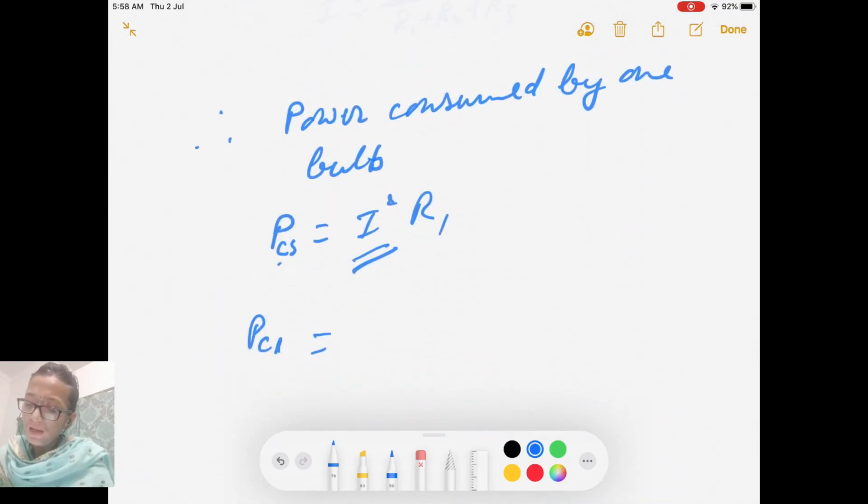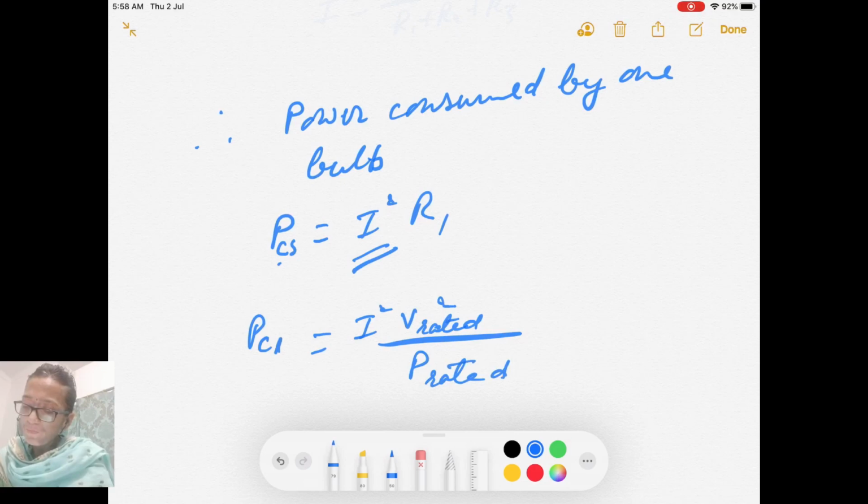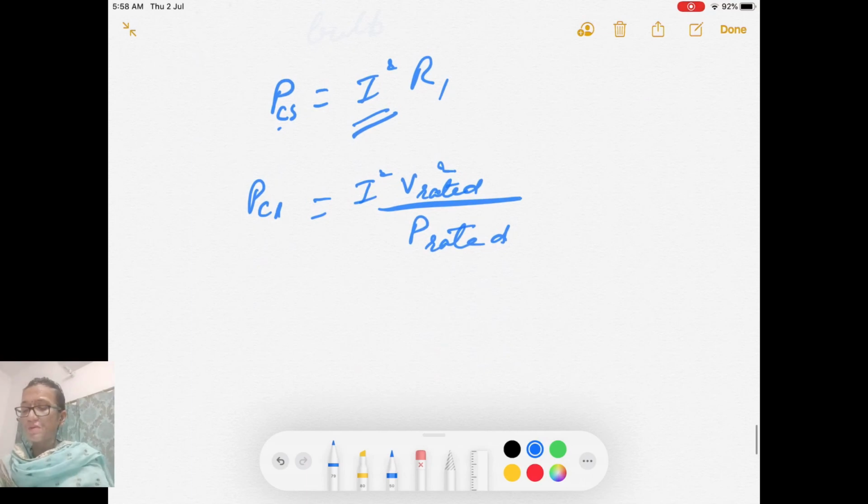So this will be equal to I squared times V rated squared upon P rated. So the power consumed will be inversely proportional to the power rated. Smaller is the power rating, more illuminance will be there.